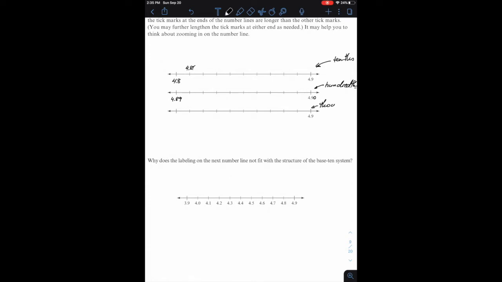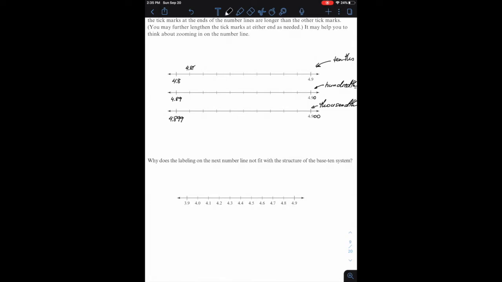What if this is thousandths? So it's actually 900 thousandths, and the previous thousandth would be 4.899, 899 thousandths. And then you would have the ticks in between.